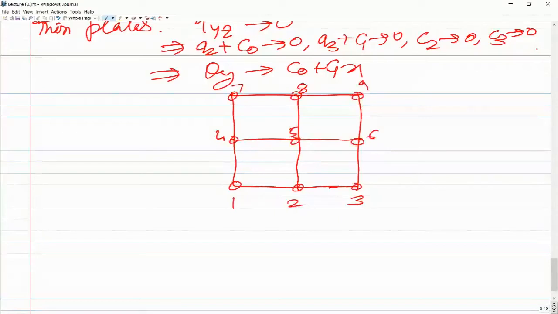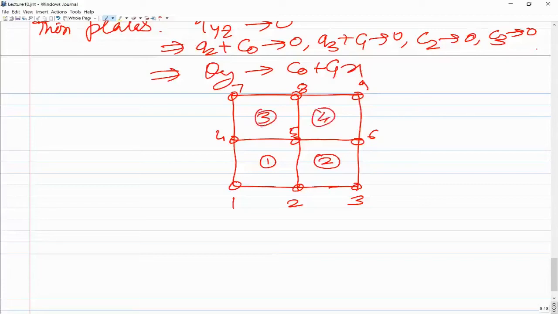Locally for the first element, the first node would be 1, second node would be 2, third node would be 5, fourth node would be 4. For element 2, the first local node is 2, second local is 3, third local is 6, and fourth local is 5, like that. So these are the elements.